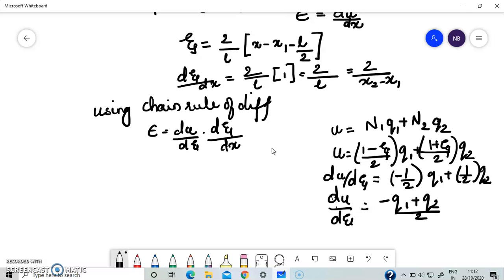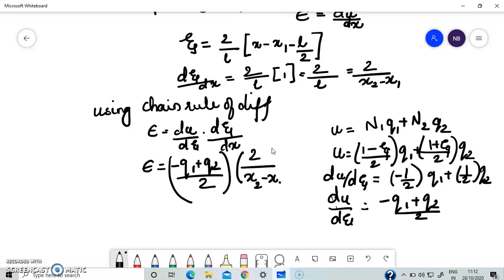Substituting this in the epsilon formula, we have du by d zeta is (-q1 + q2)/2, and d zeta by dx is 2 upon (x2 - x1).